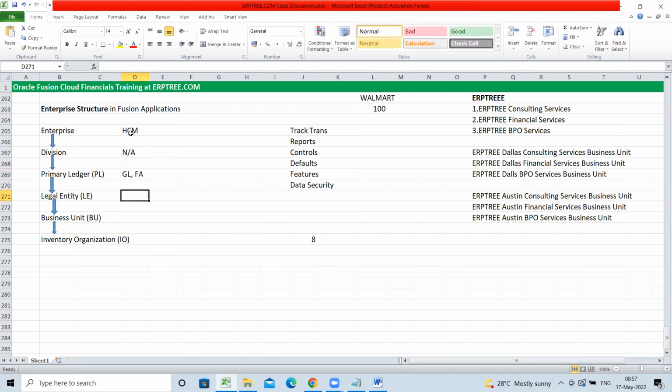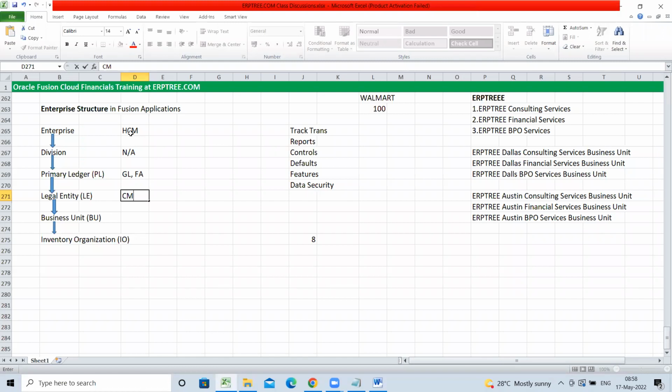At legal entity level, ideally there is no separate application, but you can map cash management with a legal entity. In cash management we create bank accounts, and when you create a bank account you have to specify who the owner is.